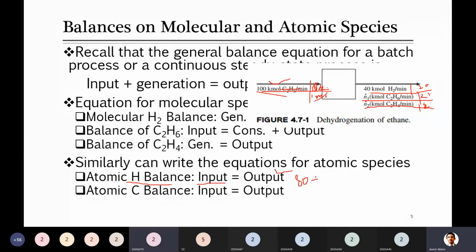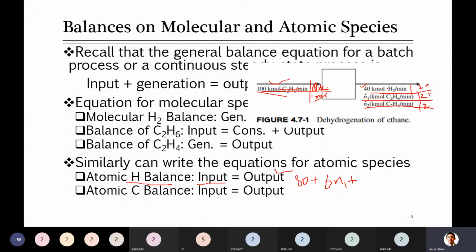No, you are applying the balance on hydrogen, not carbon. N1 multiplied by 6. Since I am talking about the outlet stream, it is N1, which you don't know, multiplied by 6. You can see there is C2H6, but for the output you have to see which components hydrogen is part of.